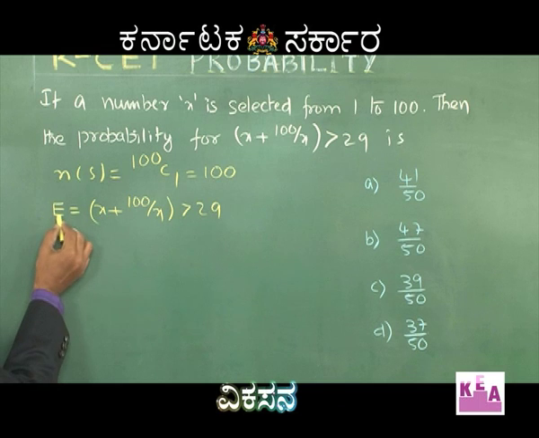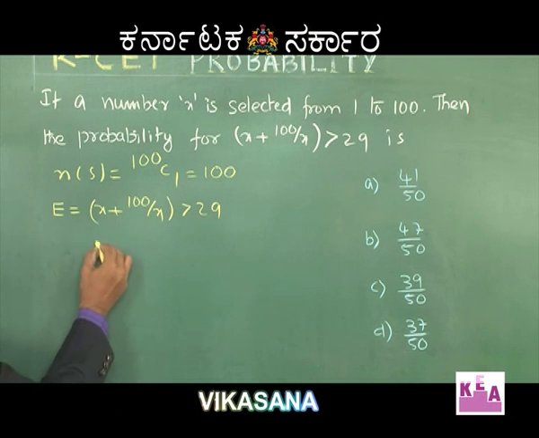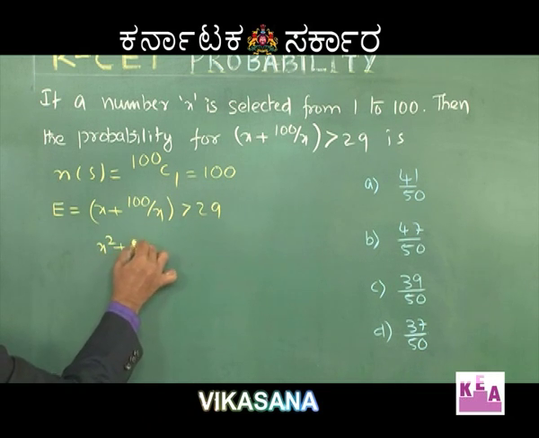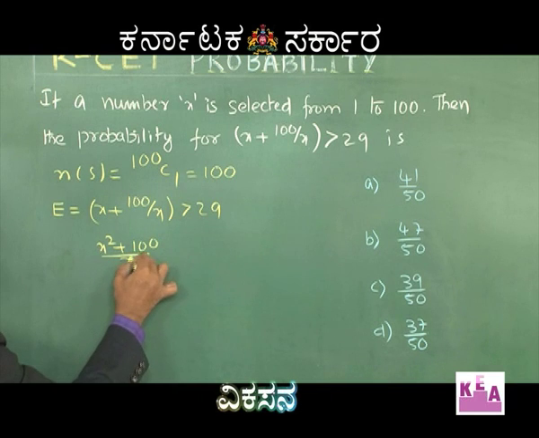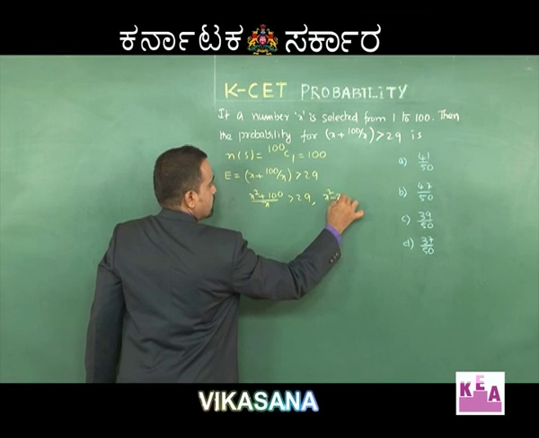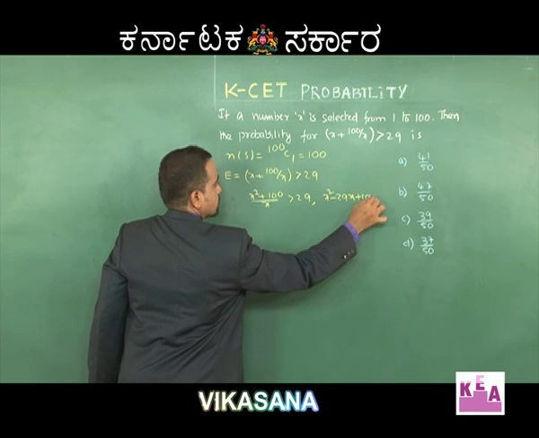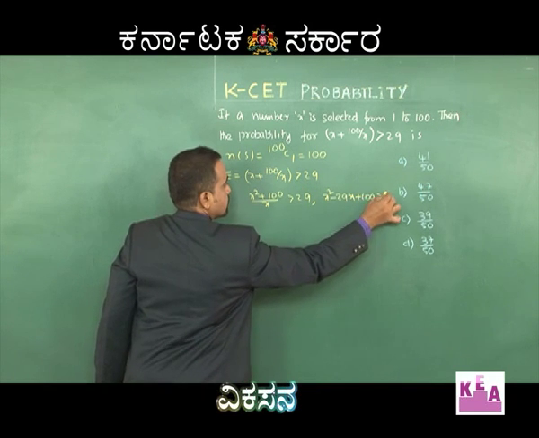To get the possible values for E, I am solving this inequation. This is x square plus 100 by x greater than 29. This implies x square minus 29x plus 100 greater than 0.